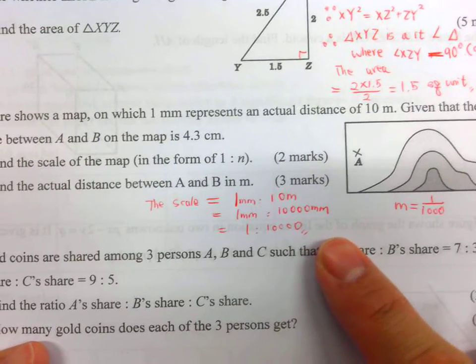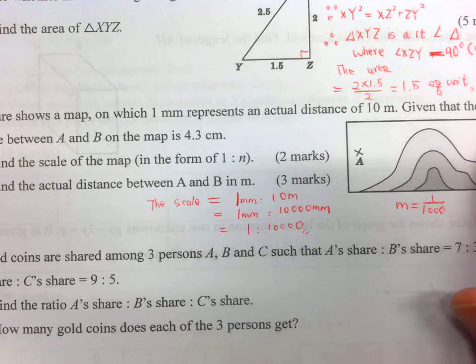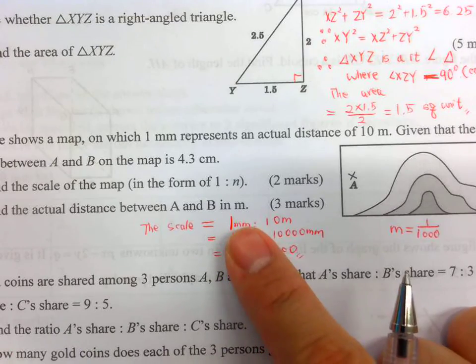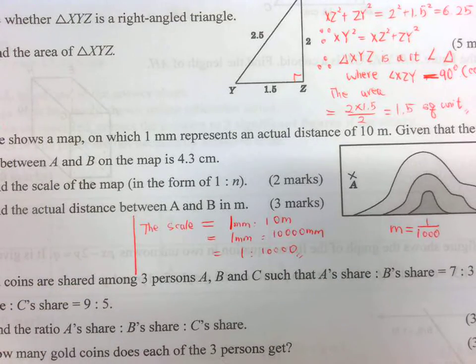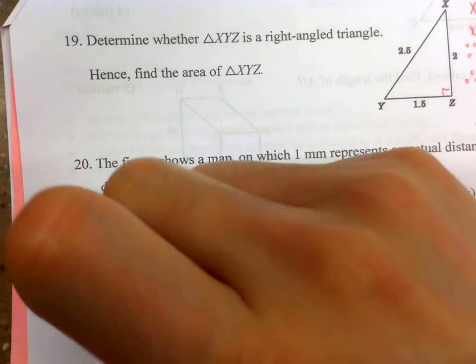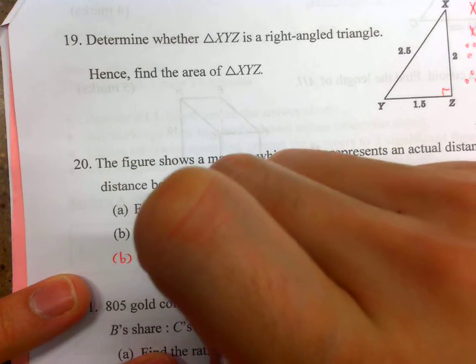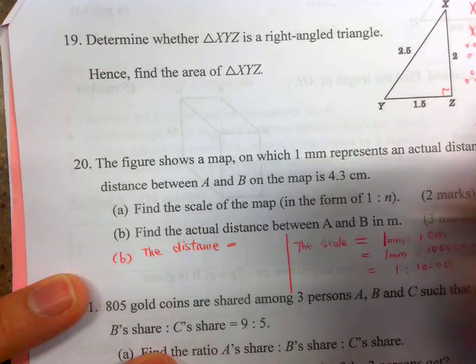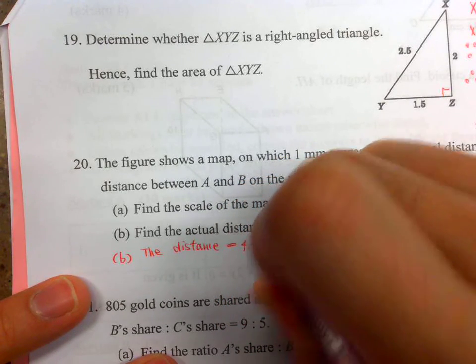This is the scale. And the distance between A and B, so basically, you have to change it. Therefore, you know the distance equals 4.3 times 10,000 divided by 100.